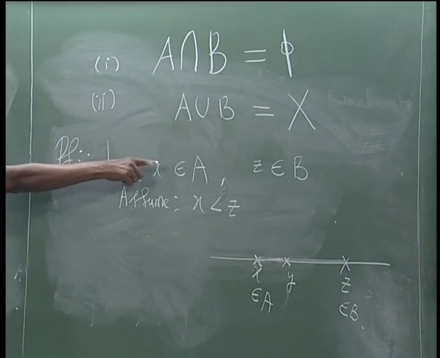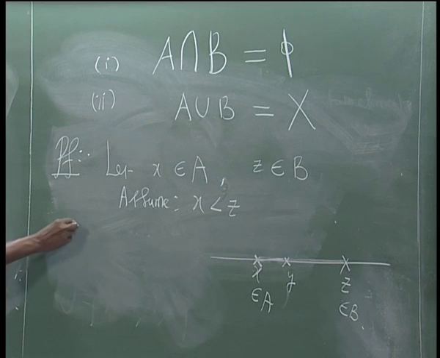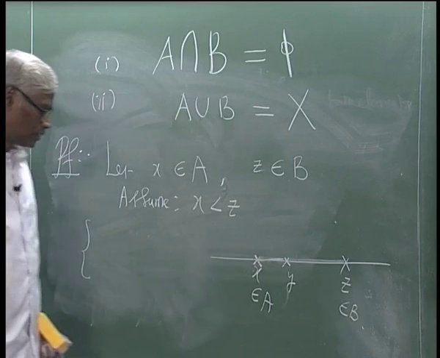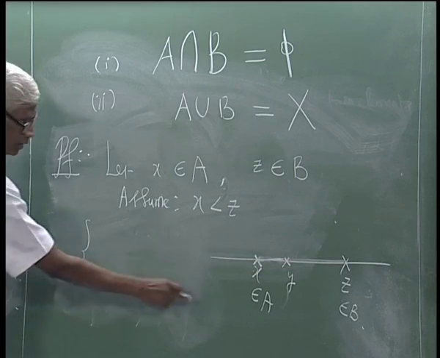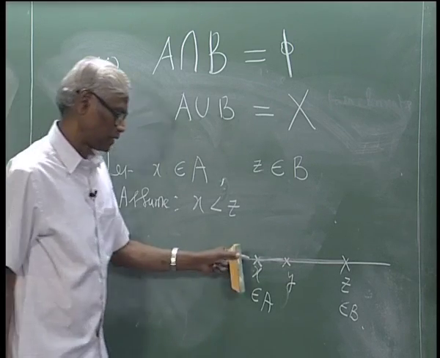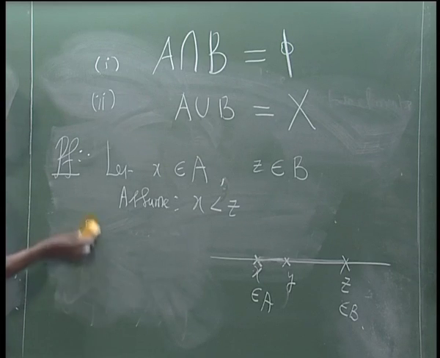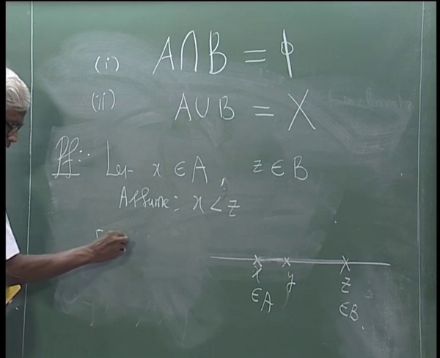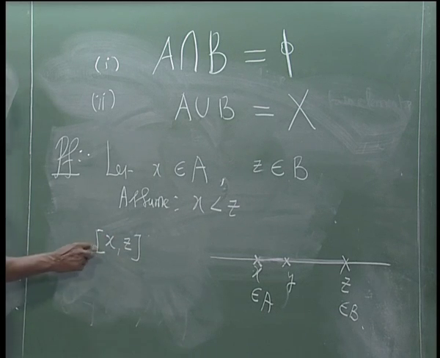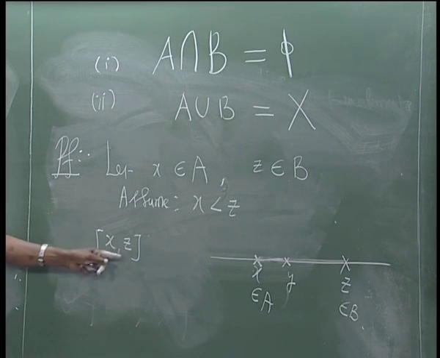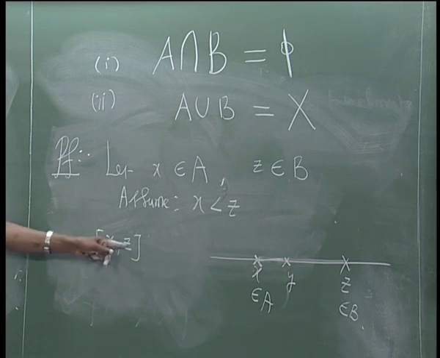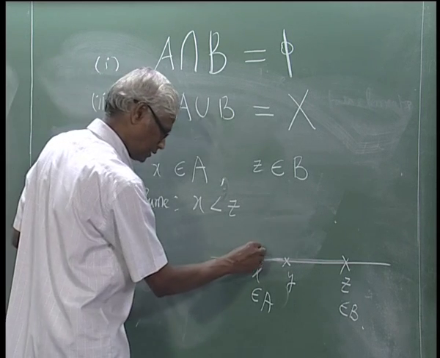Keeping this in mind, what we are going to do is collect all those elements from the set A. For example, A is non-empty because x is there. Next, collect those y in A; essentially, take this interval x comma z, the standard notation for the set of all real numbers between x and z, including x and z.